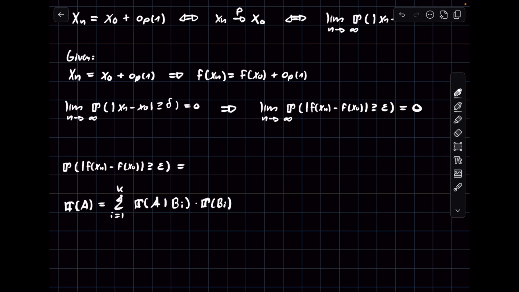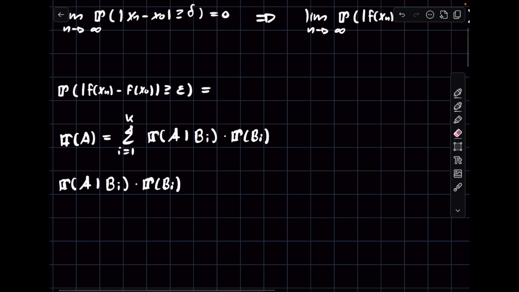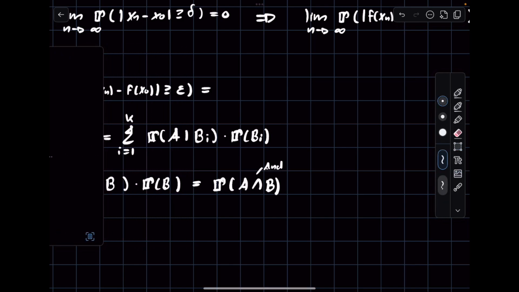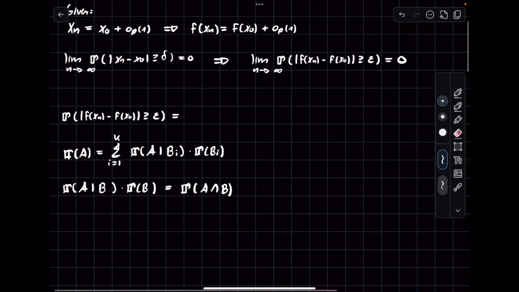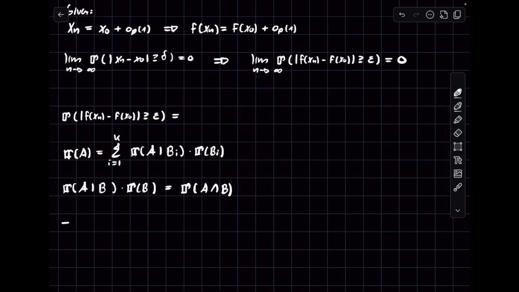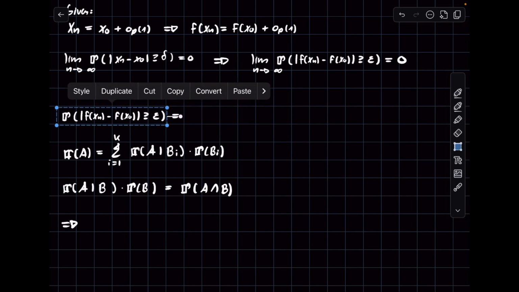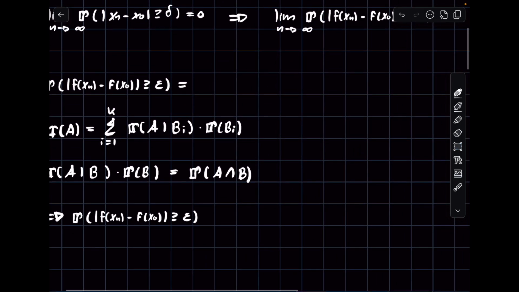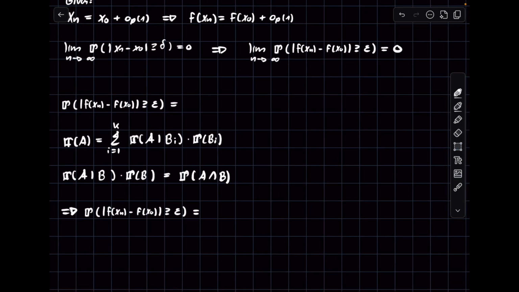However, we have to remember that this can be equal to the probability of A intersection B. So that means, and this is an and, meaning that if we have all of that, we can rewrite this as taking A, which is in this case this thing, and writing it in another color so we can understand it more clearly.